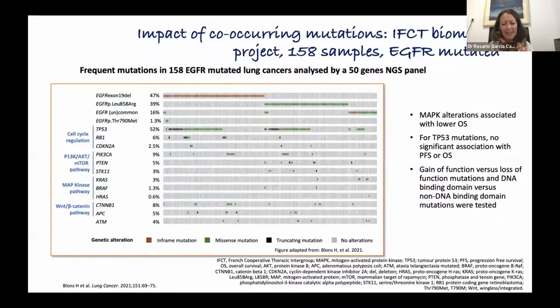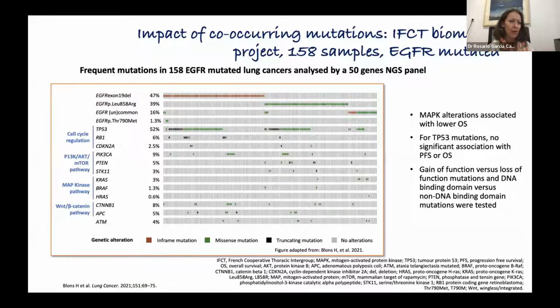But again, I think that we are missing something here. We need to define who are the patients that are getting the strongest benefits with monotherapy, and who are those patients who could benefit from this kind of combination approaches. And I think the biology of the disease is giving us the answer to this relevant and important question.